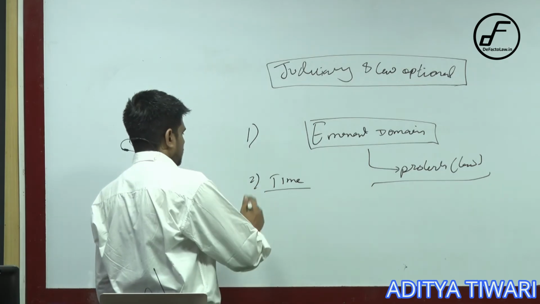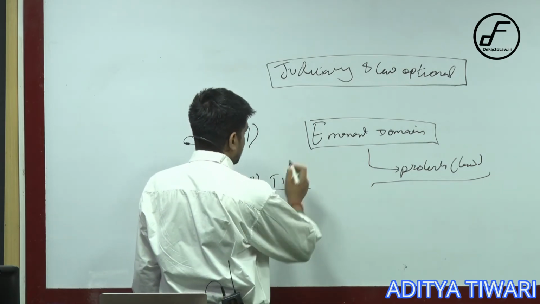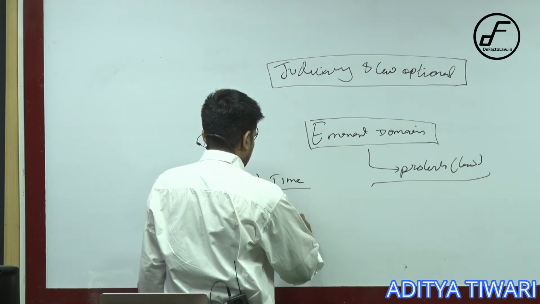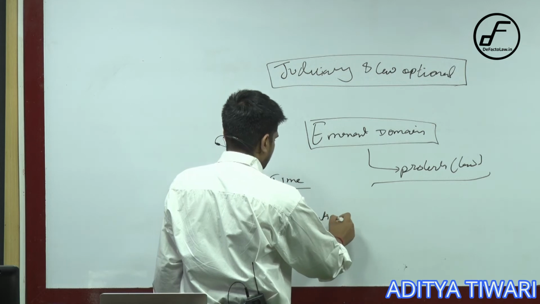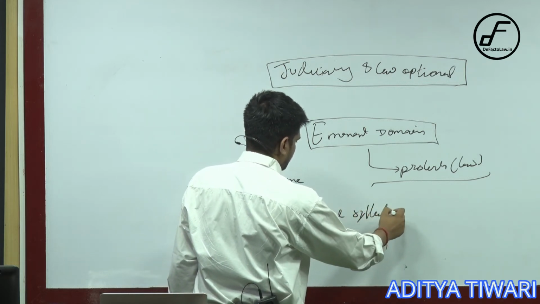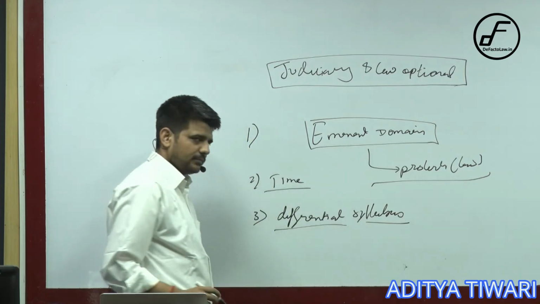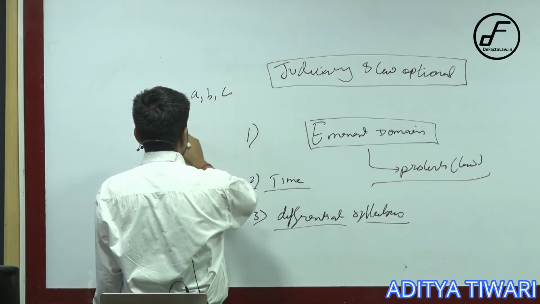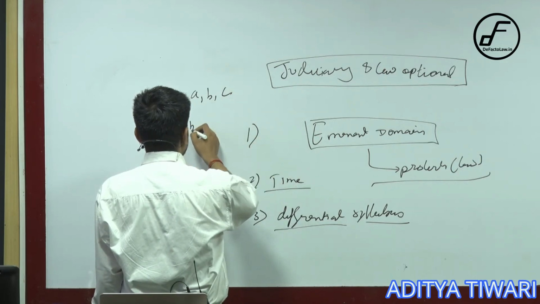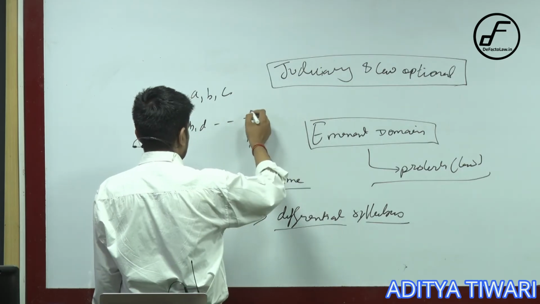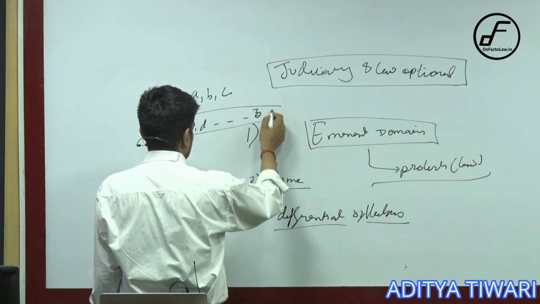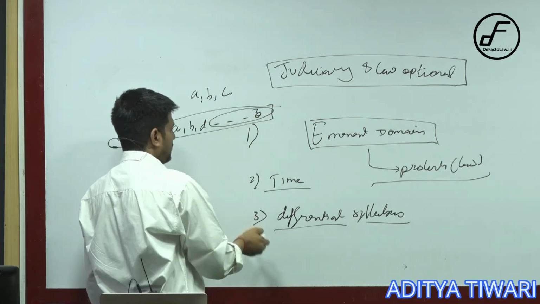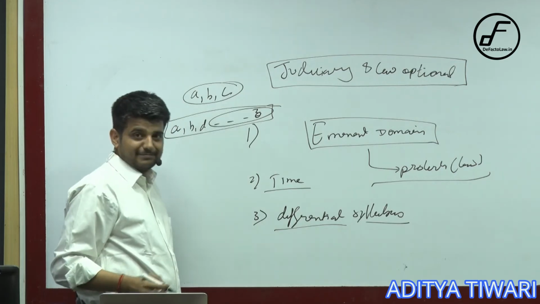Now the third argument that these two cannot be combined is your differential syllabus. Suppose in law optional we have syllabus A, B and C, and in judiciary you have syllabus A, B, C and so on up to Z. The questions might come mainly from one particular portion here, and only from another portion there.